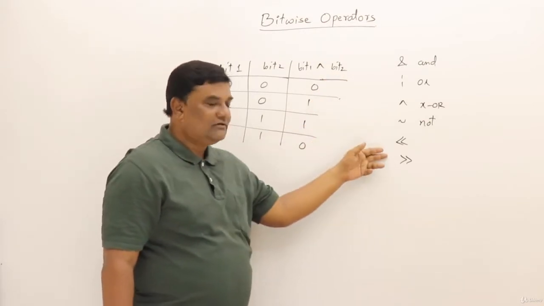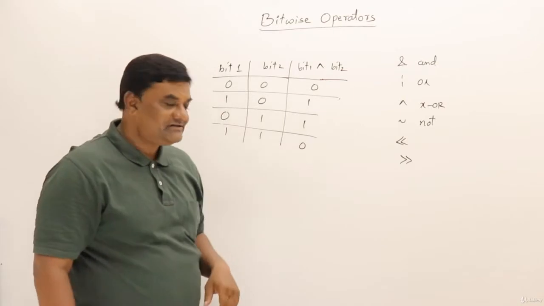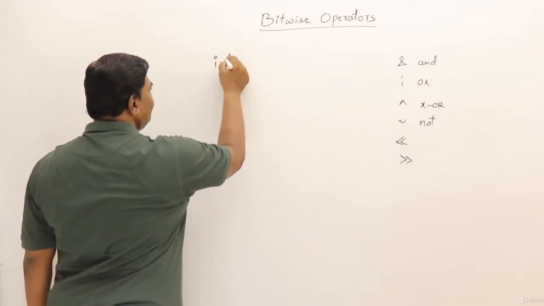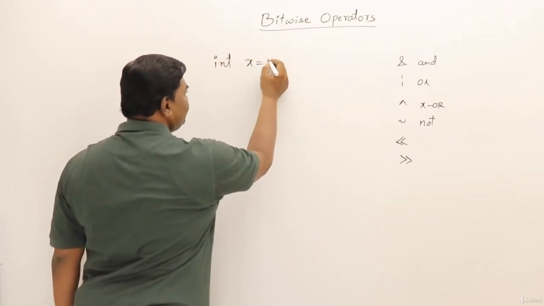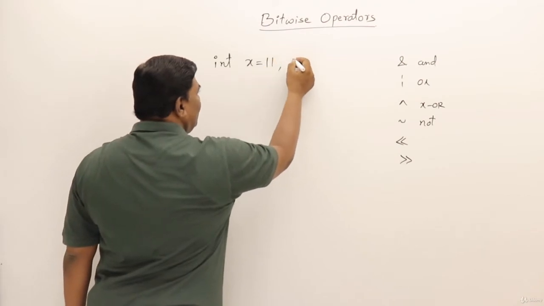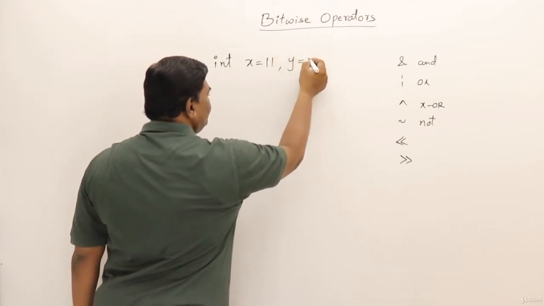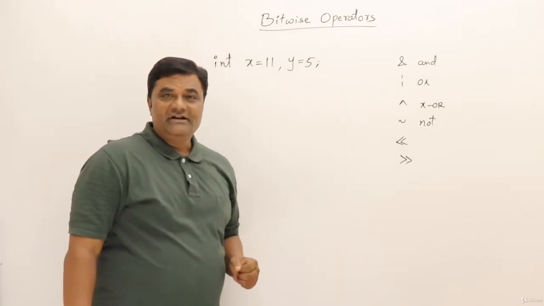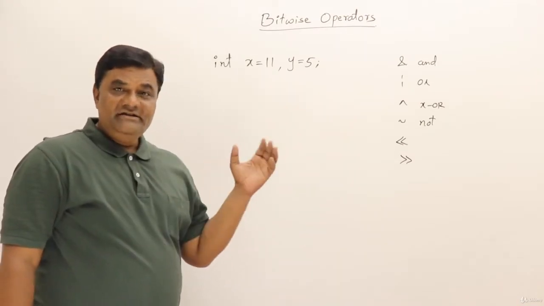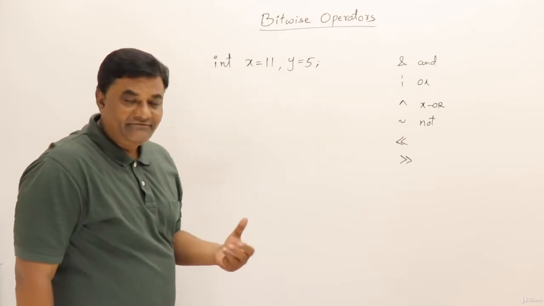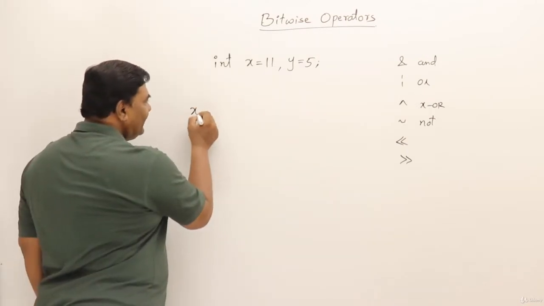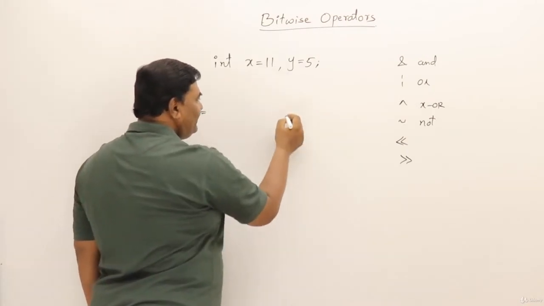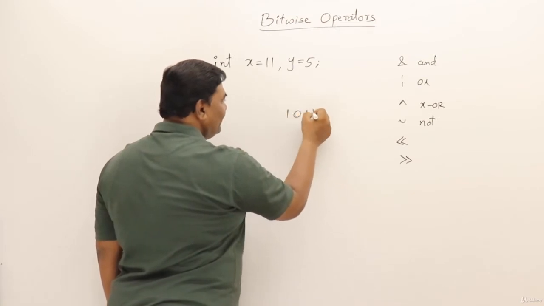While explaining that, I'll also explain the shift operations. Suppose I have integer variable x with the value 11 and y with the value 5. We know that these numbers are actually stored in binary form. So what will be the value of x in binary? 11 is 1011.